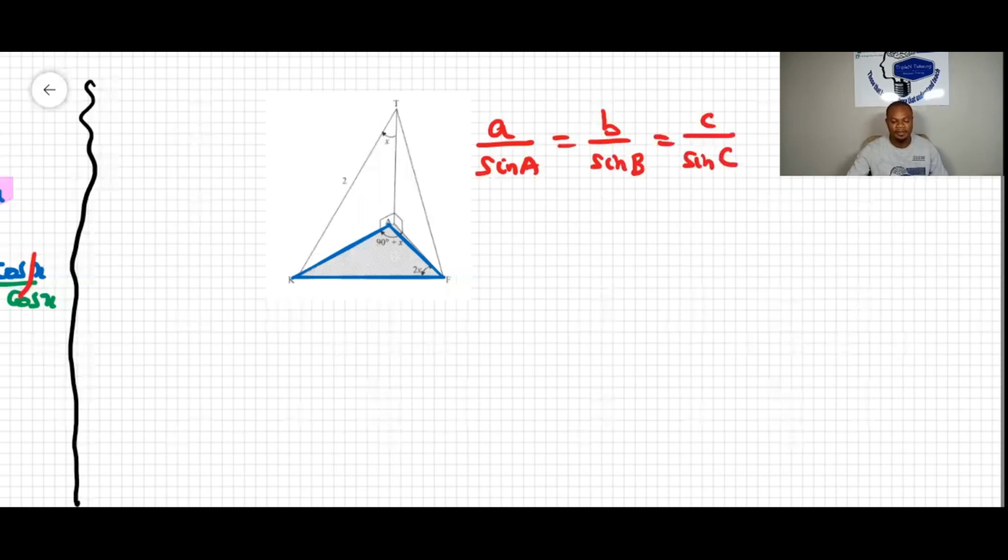Now A is the side opposite sin A. If my angle is 90 degrees plus x, then A will be KF. So KF will be over sine of 90 degrees plus x.